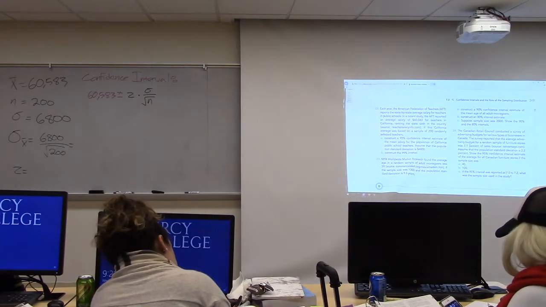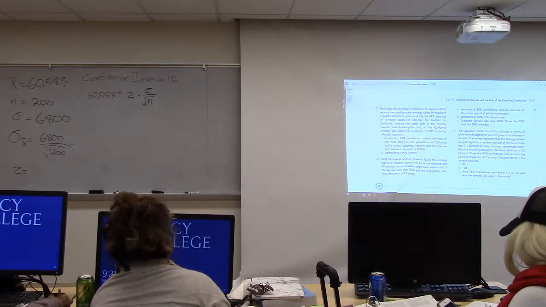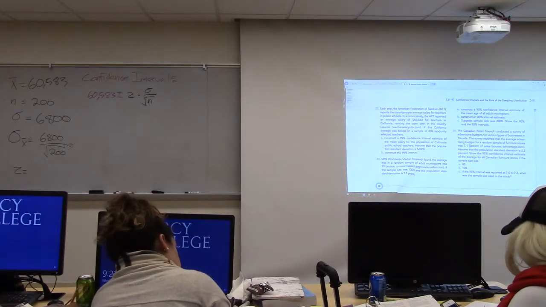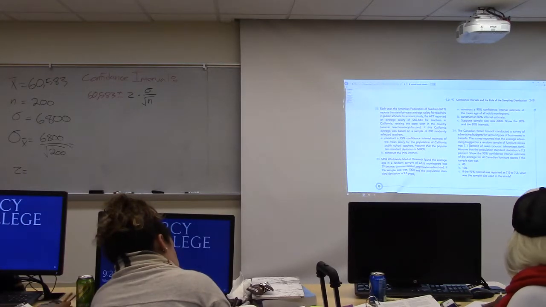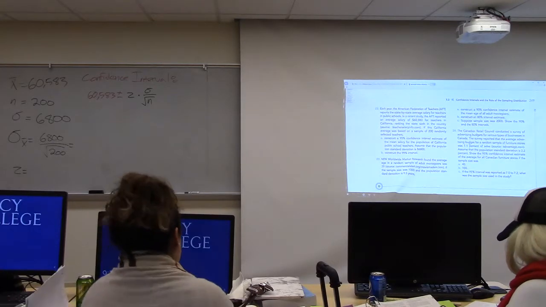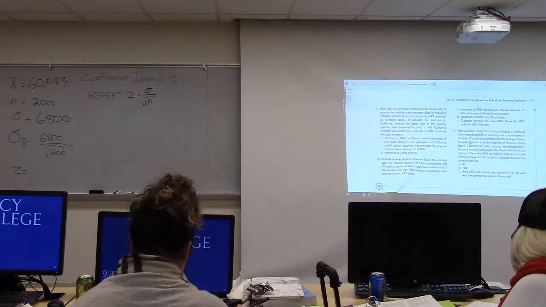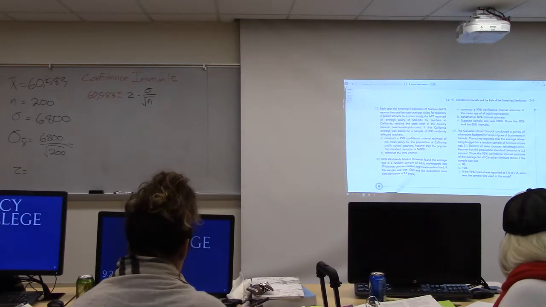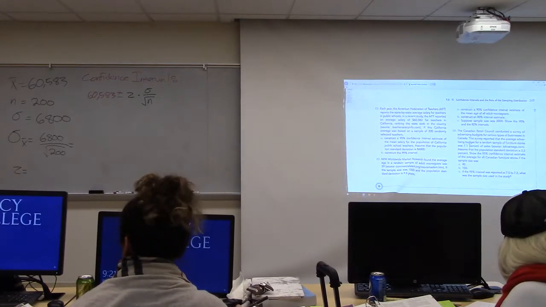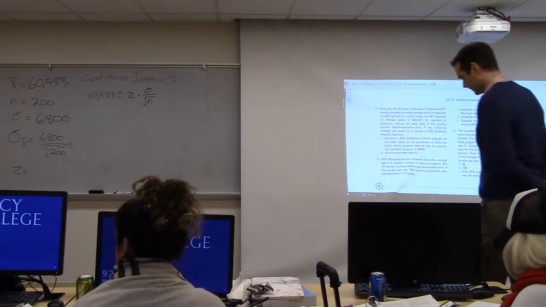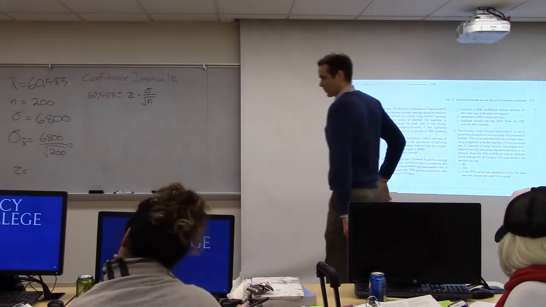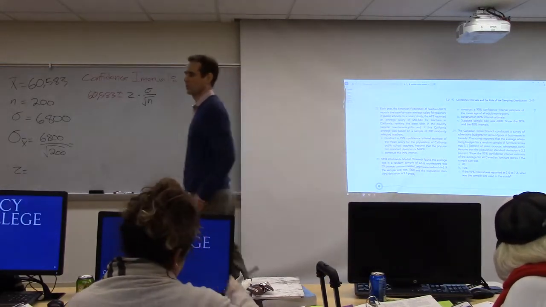So the square root of 200 is 14.1. And then 5,800 divided by 14.1 is 482. I'm going to do 1.96.